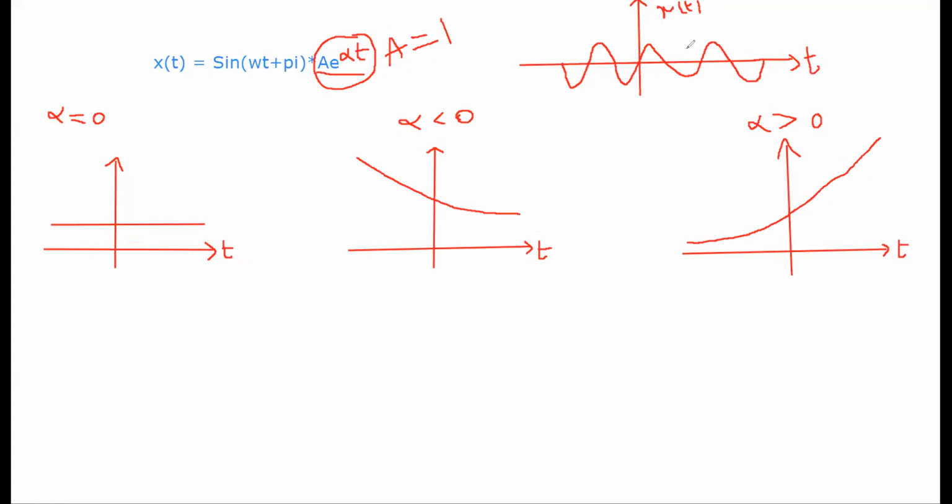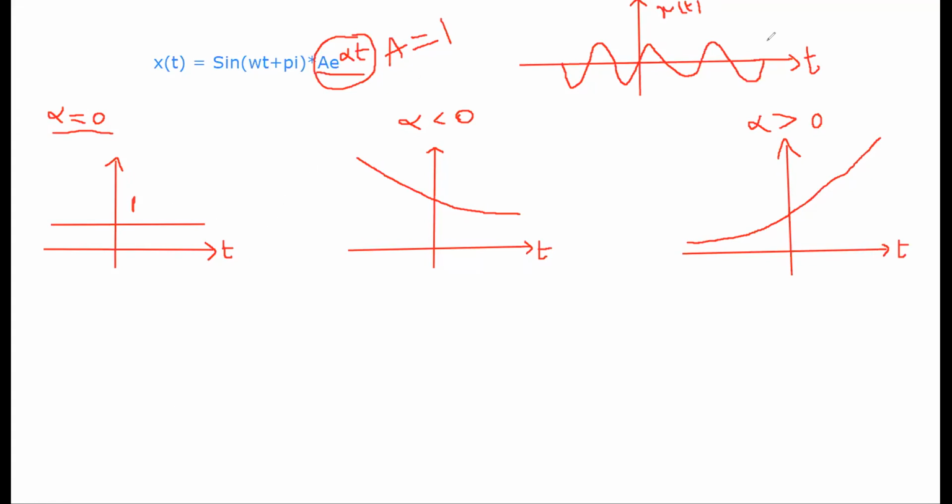So if we multiply this sinusoidal signal with an exponential signal whose alpha is equal to 0, then we are going to get the sinusoidal signal itself. Because here, since we have considered a is equal to 1, this signal should have the amplitude of 1 from minus infinite to plus infinite.